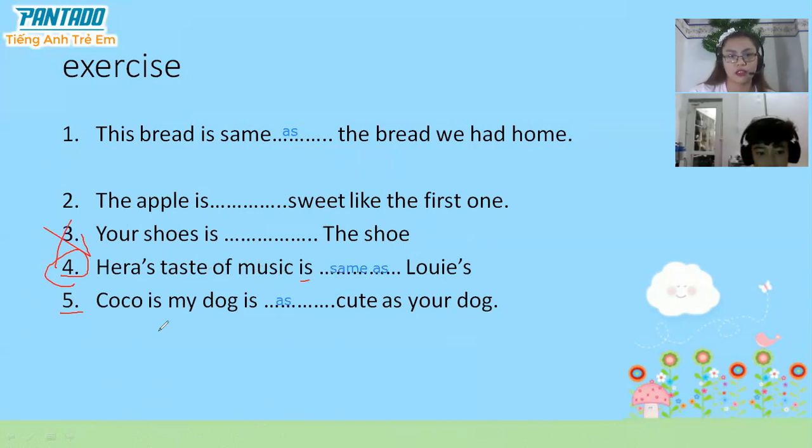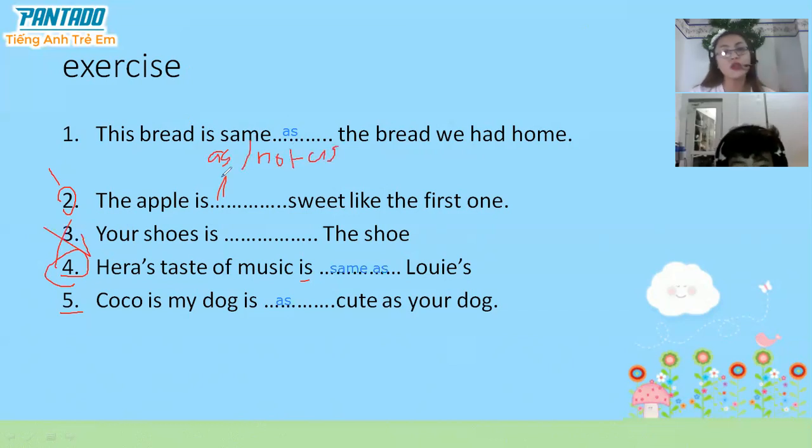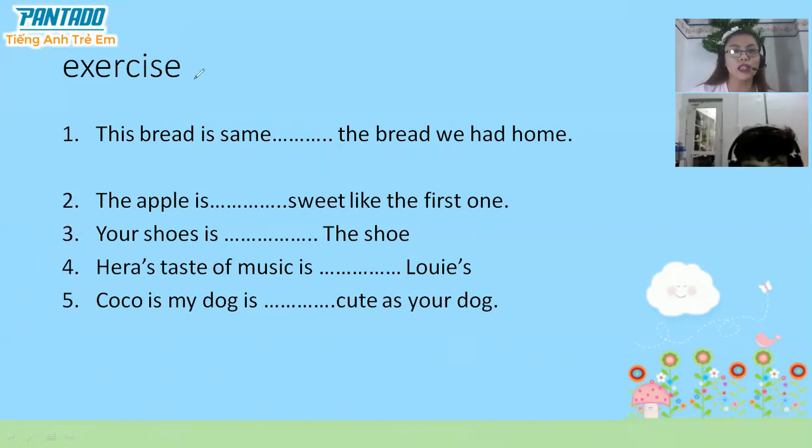As cute as your dog. Okay, very good. So number two, you could make this one a positive one or a negative one. So you could put as or not as. It's either of the two, the answer will be accepted. Well, anyway, job well done.